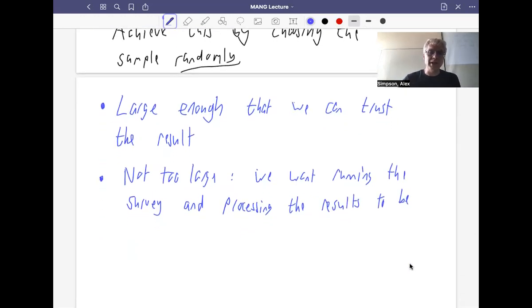Feasible means we can do it, we can actually carry it out. Feasible and economic. We don't want it to be very, very expensive to run the survey. Okay, so those are some issues.